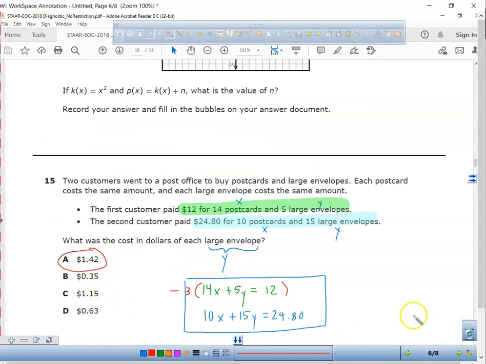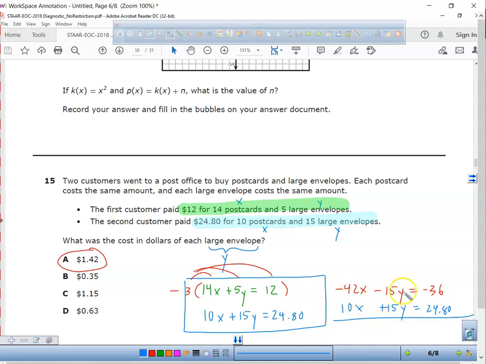All right. Now, that's not what I would do by hand. Here's how I would do it by hand. So help me, somebody with a calculator, help me out. I got negative 42x minus 15y equals negative 36. Underneath it, I've got 10x plus 15y equals 2480.